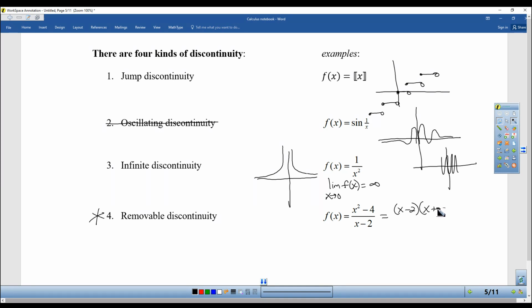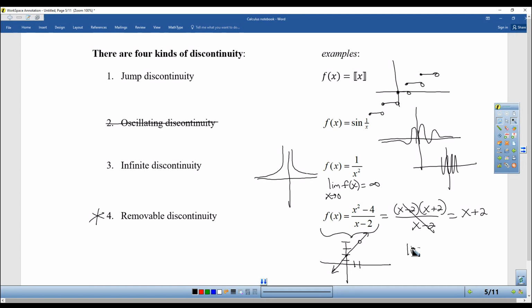We've done this so many times in the last few days. It can be rewritten like this. But if you were to make the graph of this, you would have to graph it as a line with a hole in it, like that.